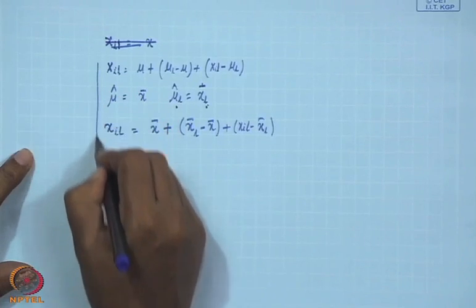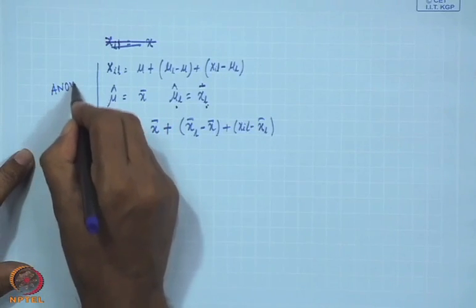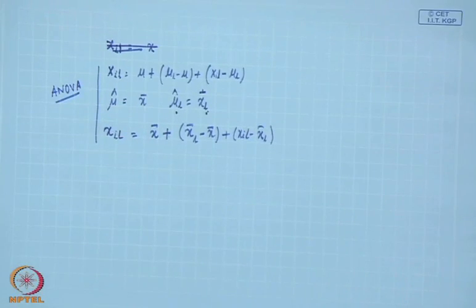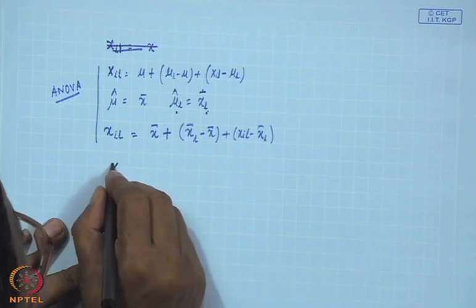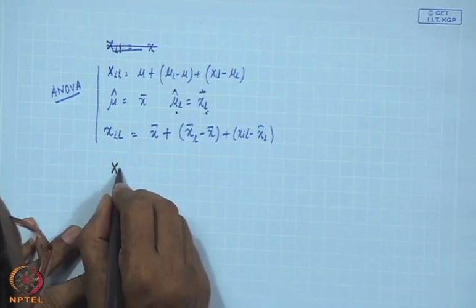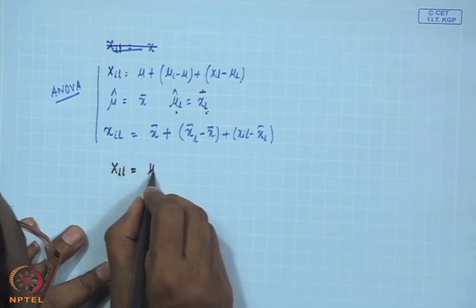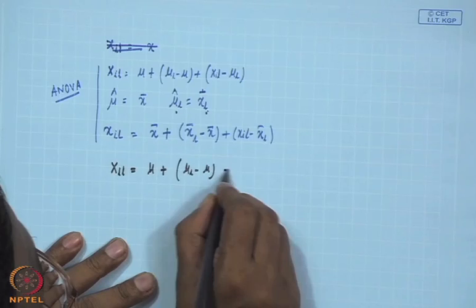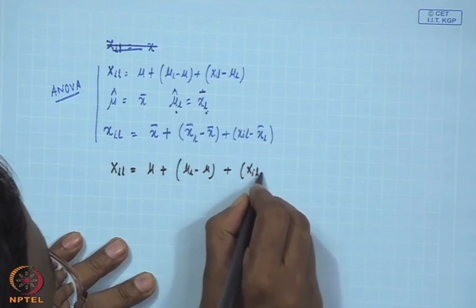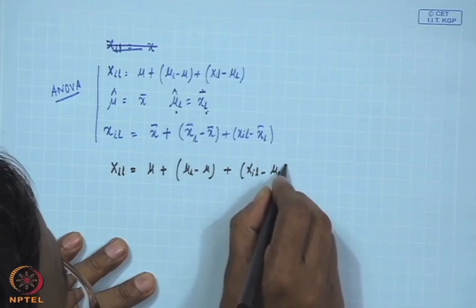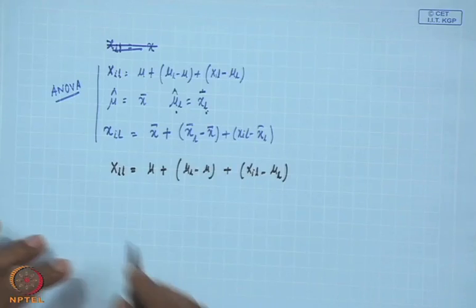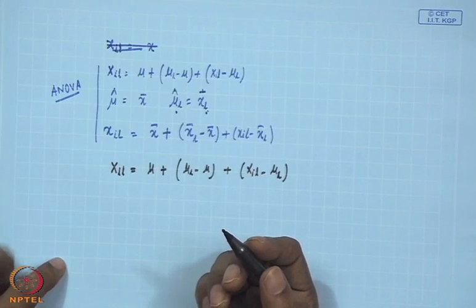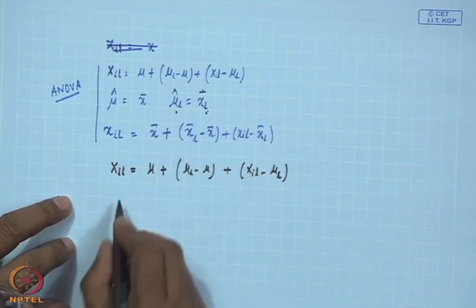This is from ANOVA you have done. Now, in MANOVA, we have seen that this vector is mu vector plus mu L minus mu vector plus XIL minus mu L, that is the formulation, and the estimates also will be like this.